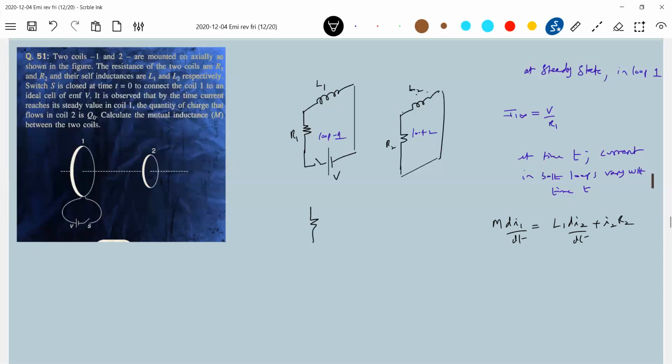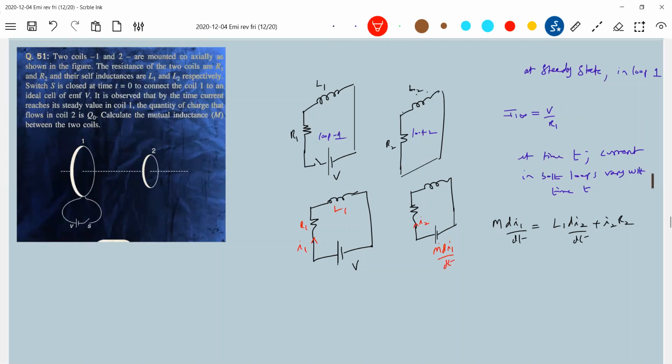I'll draw the circuit at least so that you'll understand what I am trying to explain. From where this source is, this is V, and here a variable current I2 flows. So what is this? This is M di1 by dt, or E12, or EM, anything.